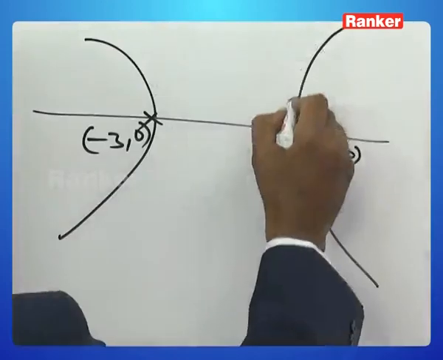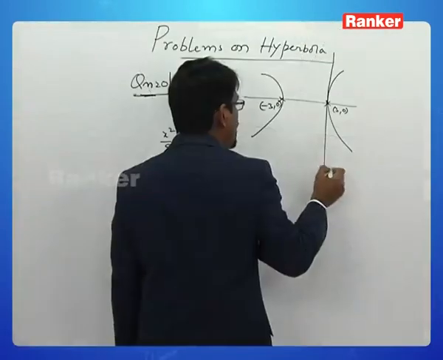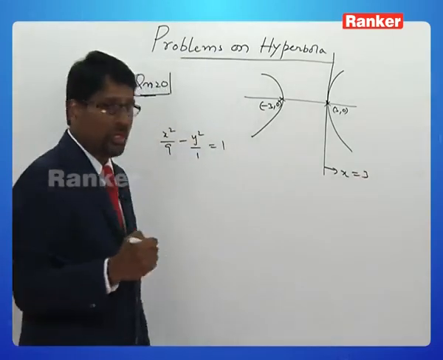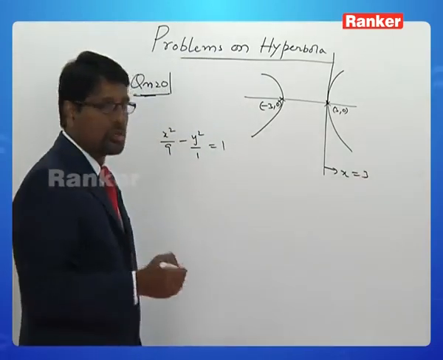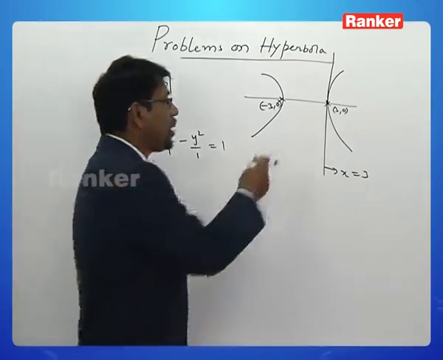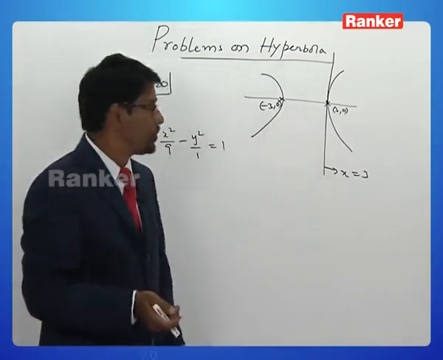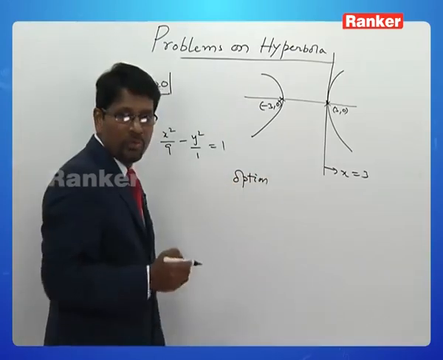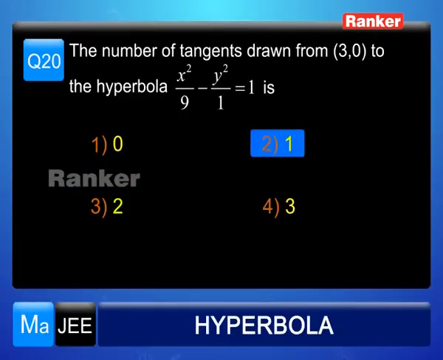So that tangent is actually the line x = 3. So only one tangent can be drawn from the point (3, 0) to the hyperbola, because that happens to be a point on the hyperbola. So option 2 is the right answer.